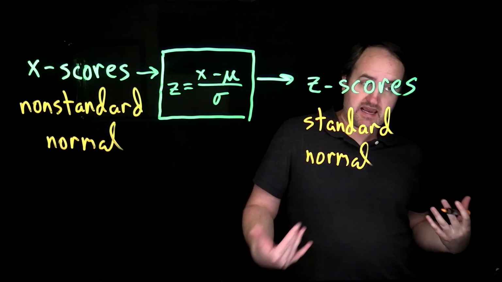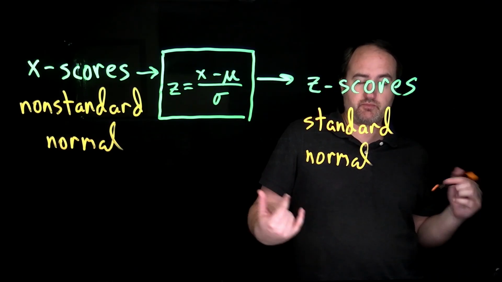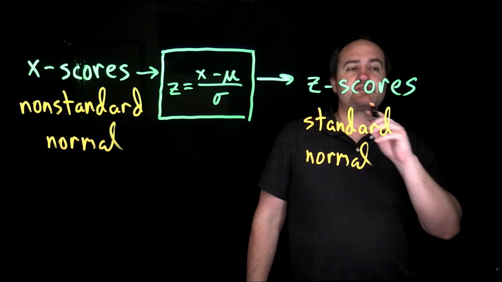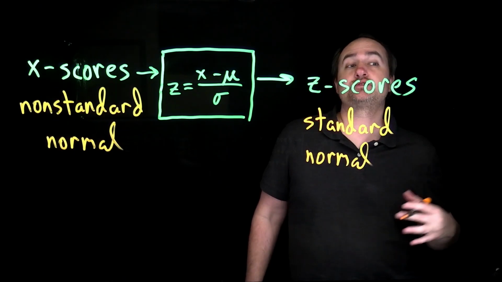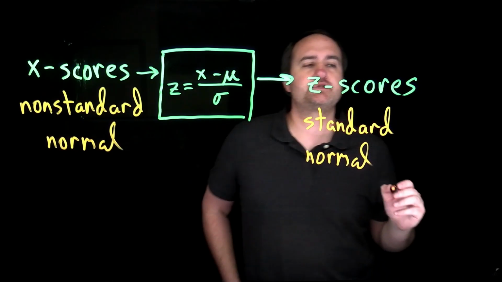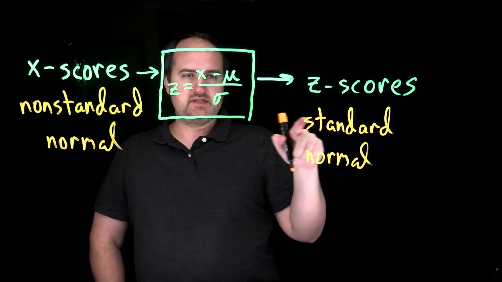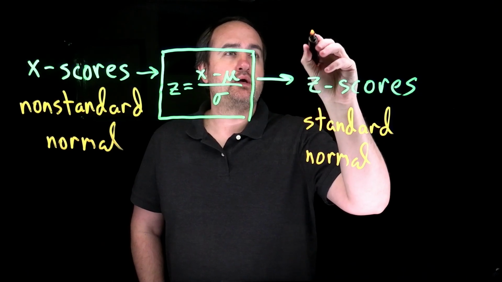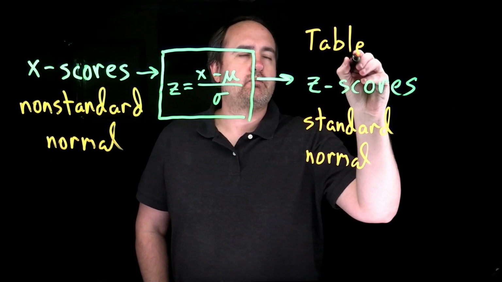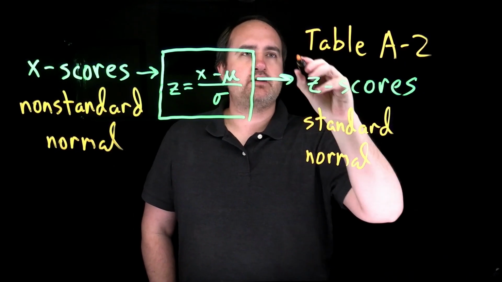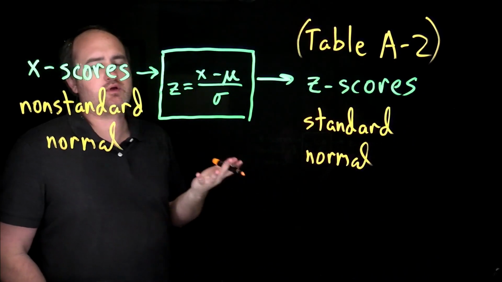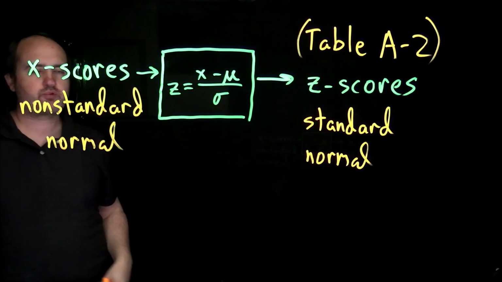But if you're using a table, like table A2, you have to have z-scores in order to calculate the area. So it has to be standard normal. The reason we're converting to z-scores is so that we can use table A2, which is the standard normal table that we covered in great detail in the last video from 6.1.